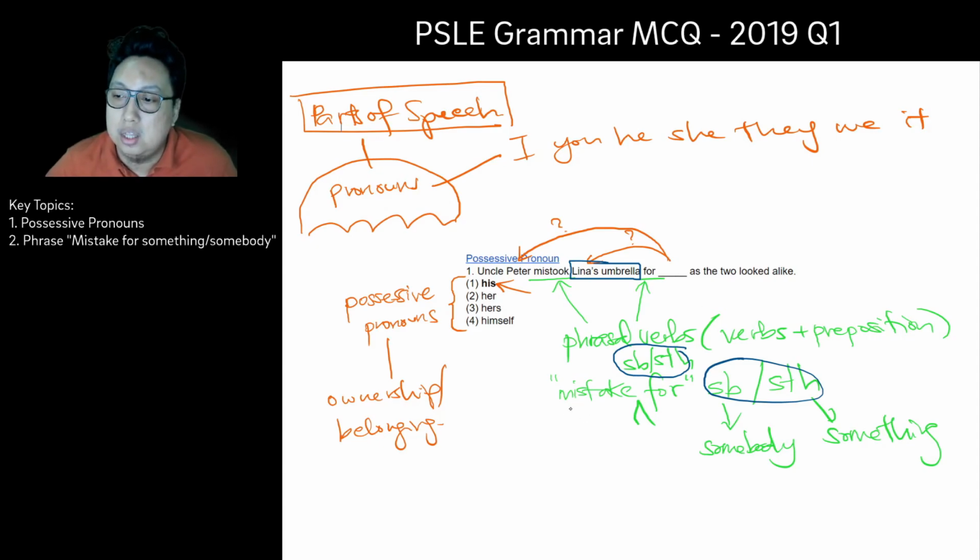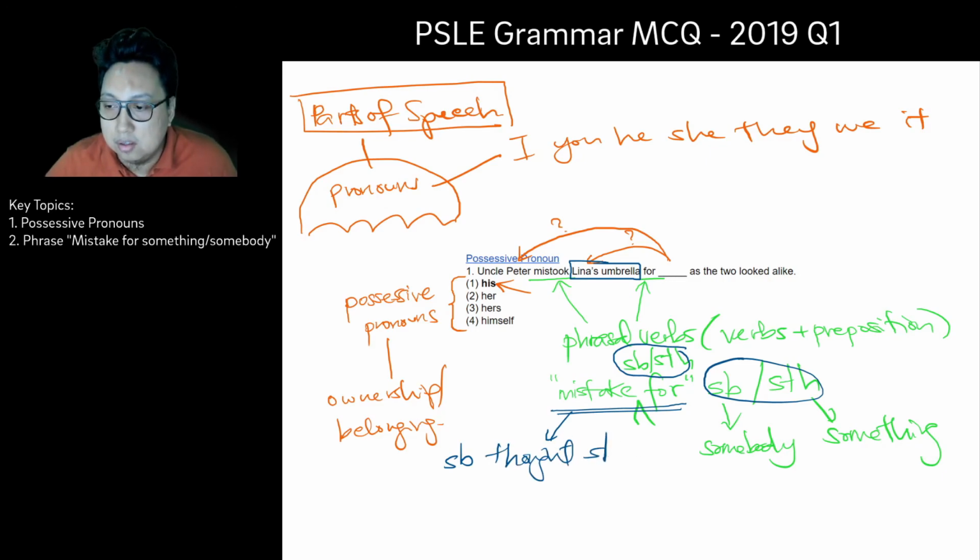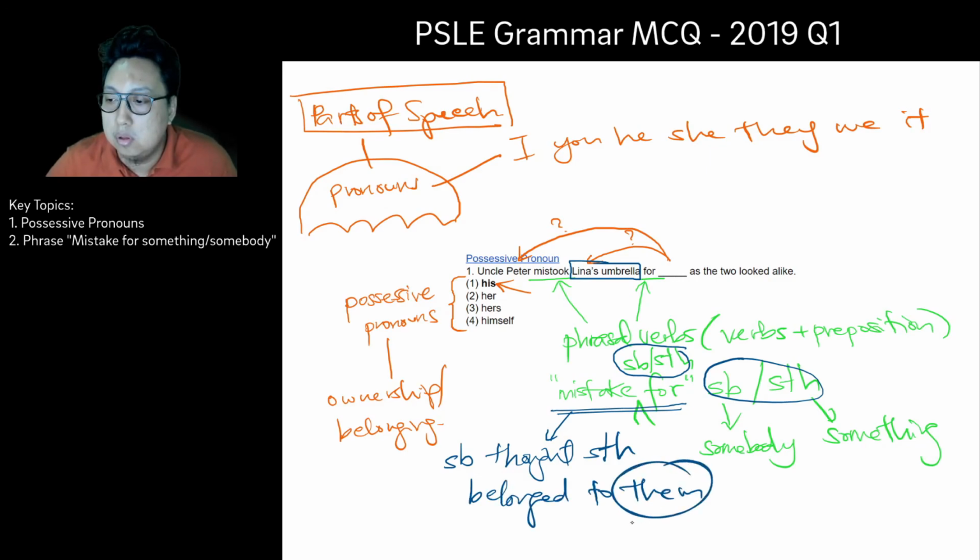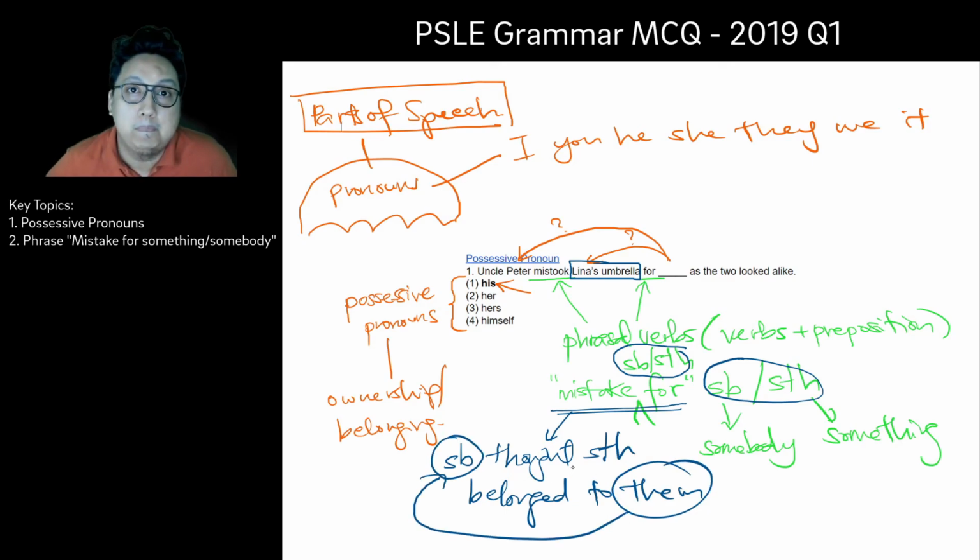So that could even be another way of writing "mistake for": somebody thought the something belonged to them, and this "them" would refer to the first noun or the first person.